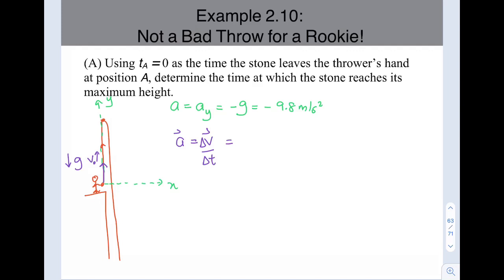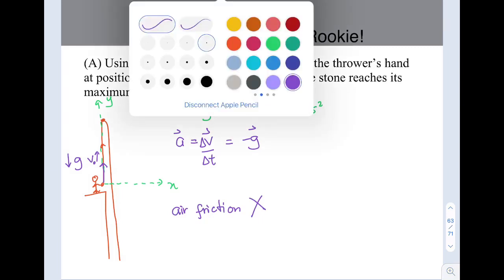However, the V and the G are in opposite directions. G is always toward the center of the earth. We never fall away from the earth, we must fall down towards the earth. So that is the first thing. We consider there is no air friction. Air friction does not exist, before we proceed with the calculation.